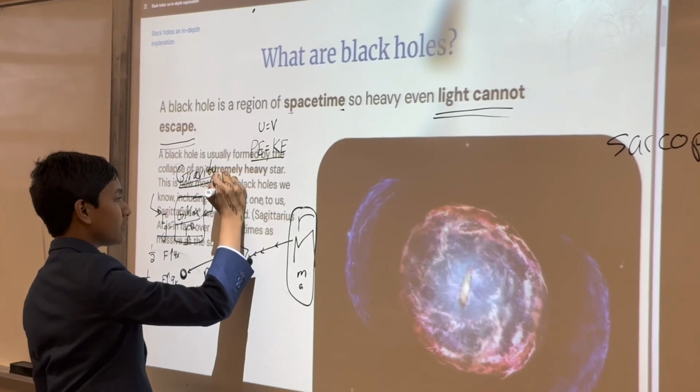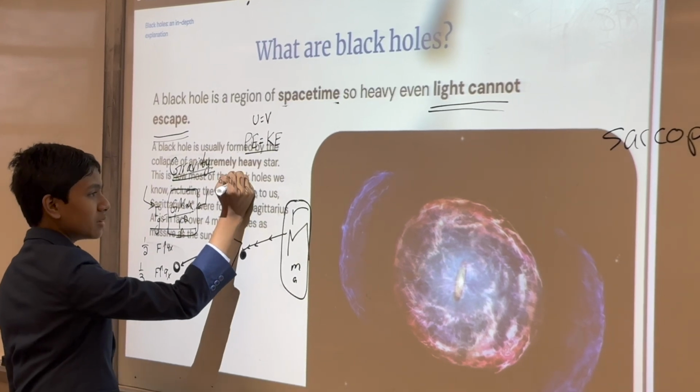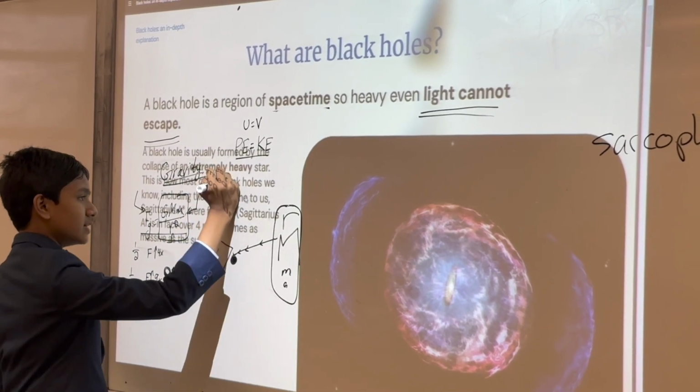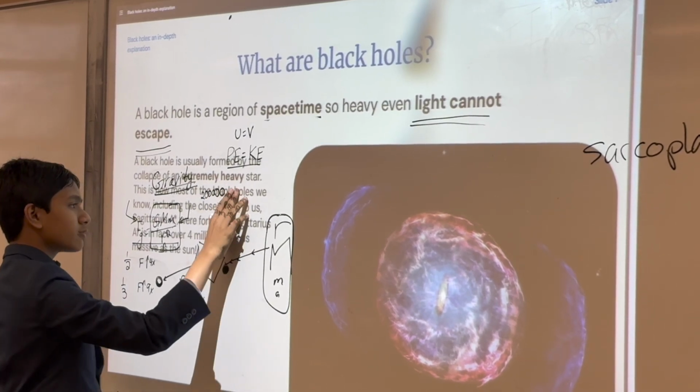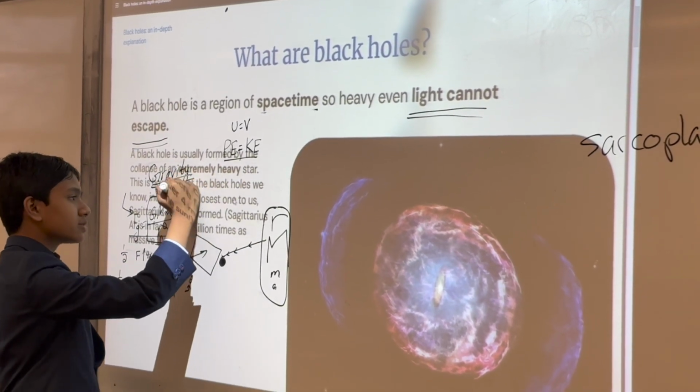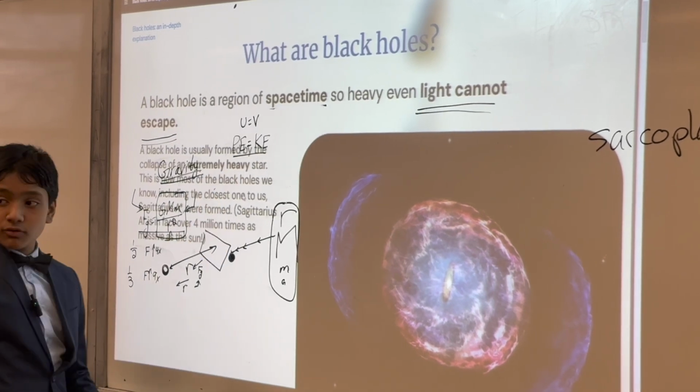So if you're at 2,000 meters, you should still be able to go farther with your velocity. 20,000 meters still should be able to go farther. 200,000 still should be able to go farther, and so on and so forth.